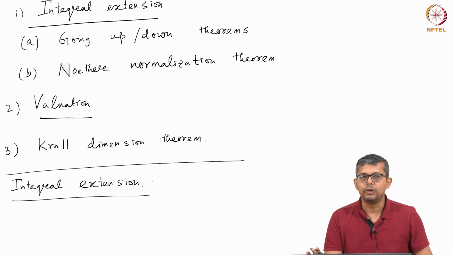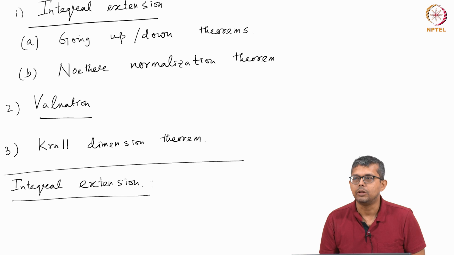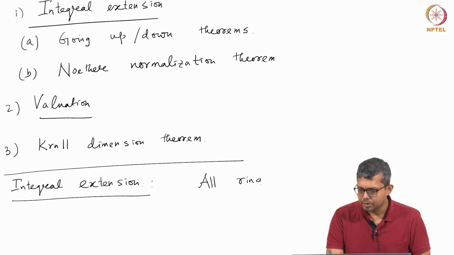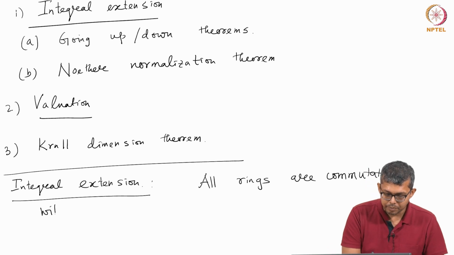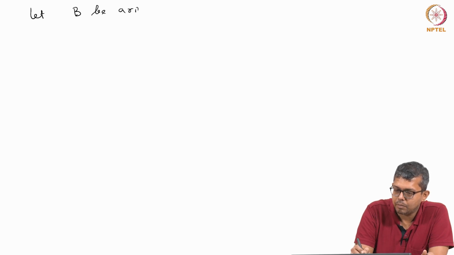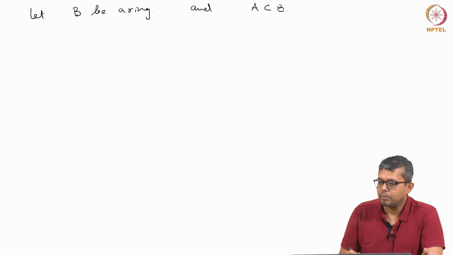So first of all, we are doing commutative algebra, so all our rings are commutative and with identity. Okay, we assume that.